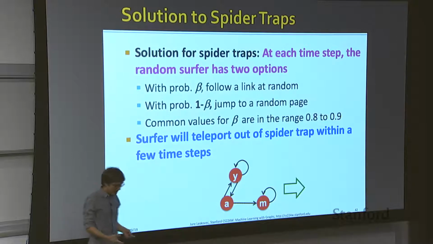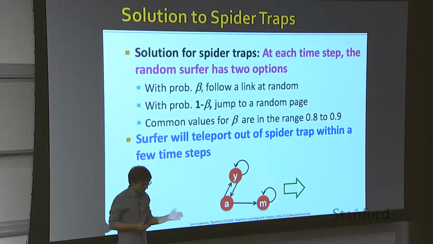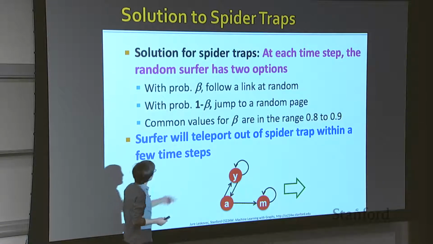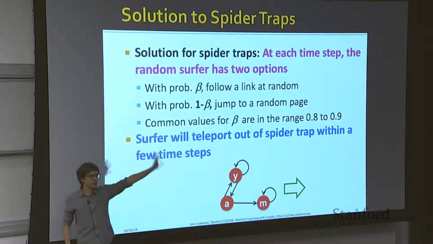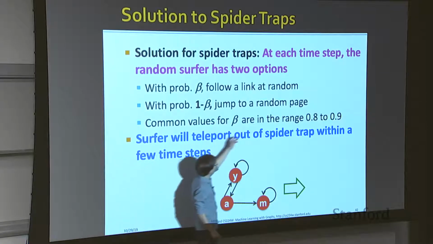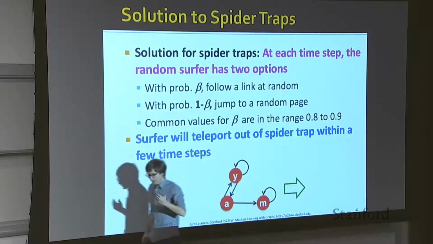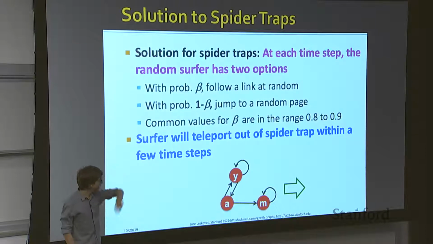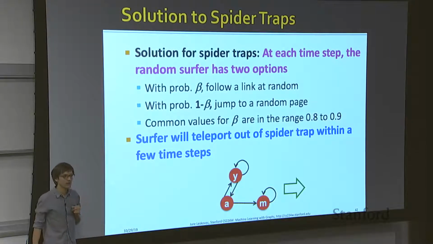The walker will flip a coin, and with probability beta, the walker will keep following the links. And with probability 1 minus beta, the walker will teleport to some other web page, right? And usually, this value of beta is 0.85, right? So basically it means about 1 in 5 cases, the random walker will jump, and for the rest of the times, the random walker will follow the links, right?